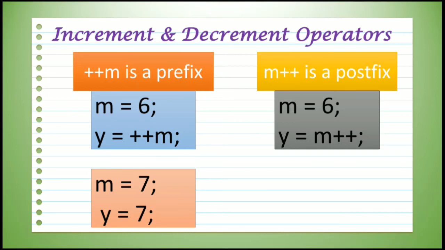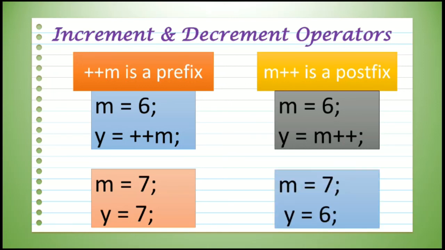That means the value of y becomes 6. After assigning the value to y, the value of m will be incremented by 1. So after evaluating both these statements, y will be 6 and m will be 7. The same rule will be applicable for the prefix decrement and postfix decrement operators.